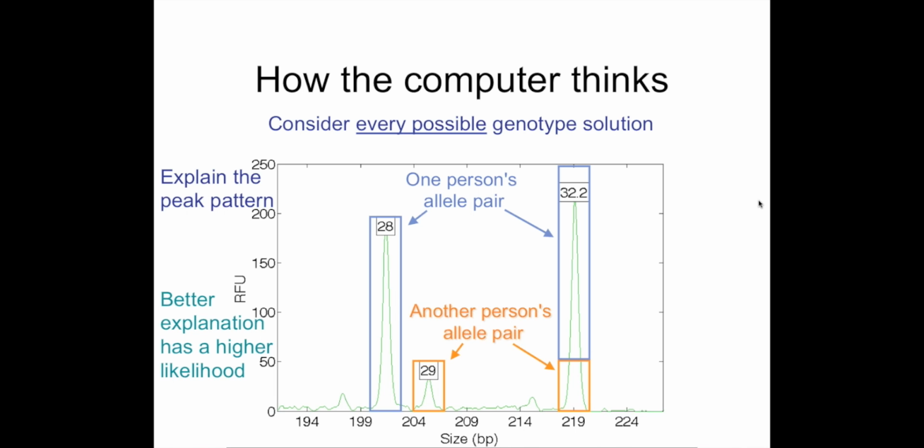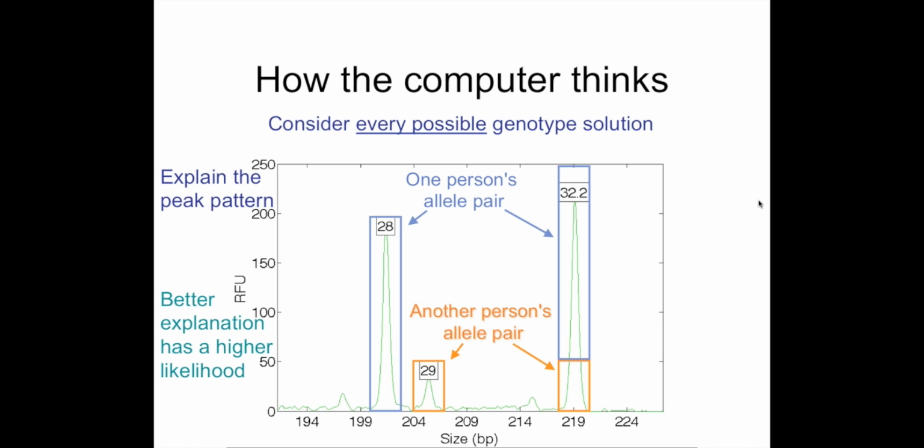Here we see that one person's allele pair, which corresponds to the victim, of a 28 and a 32.2, indicated with a pair of blue rectangles that are relatively tall, explains some of the data, and another person's allele pair, who's not the victim, shown in orange, with a smaller amount, maybe a quarter of the amount of the major contributor, has an allele pair of 29 and 32.2, and when adding them together, we can see that the tops of the added together rectangles are reasonably close to the observed data.